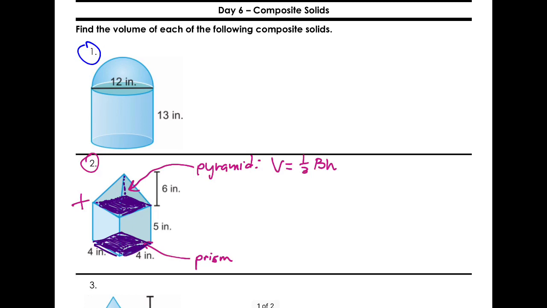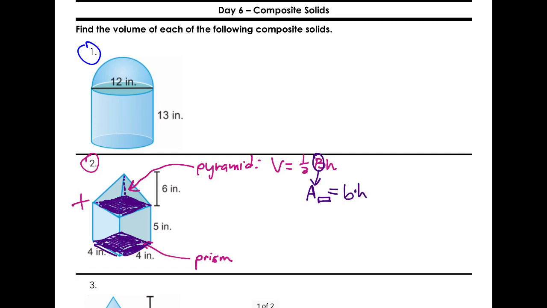So the bottom of the pyramid is a square, so our big B is a square. You may look at the sheet and say, oh, but there's not an area formula for a square. Well, remember, a square is a rectangle, folks. So the area formula for a rectangle applies, which is little b times little h, the base and the height of that square.